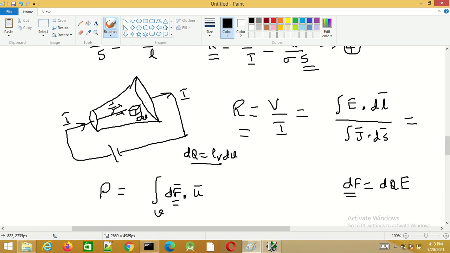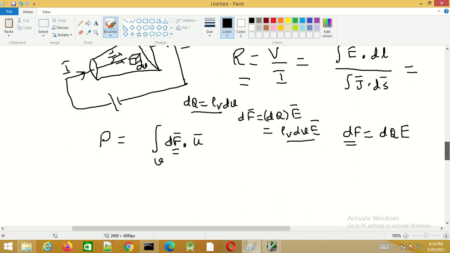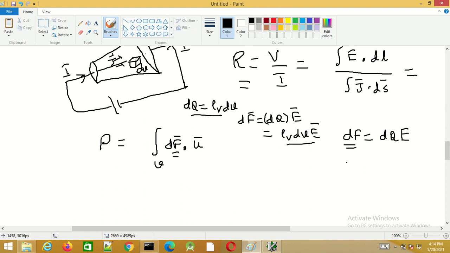Inside this differential volume element the charge is given by dq, and the force acting on this is given by the electric field times the charge, dq E. Because dq is equal to rho v dV, the force acting on the charge present in the differential volume element dV is given by dF is equal to dq E, that is rho v dV E.